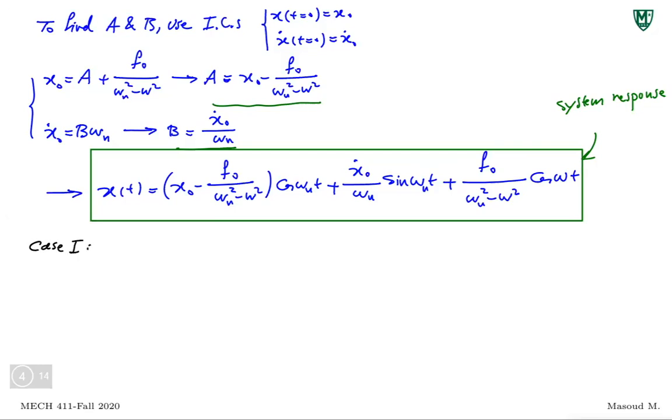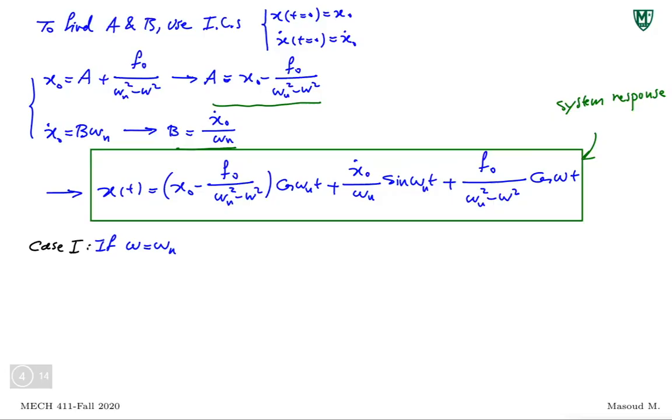What happens to the system response when omega and omega n are the same? What if omega is equal to omega n? It can happen. The frequency of excitation can be the same as the natural frequency.